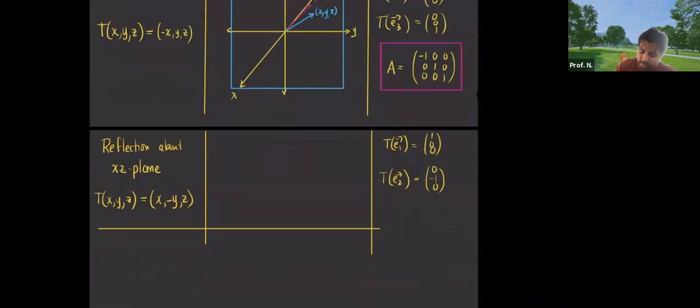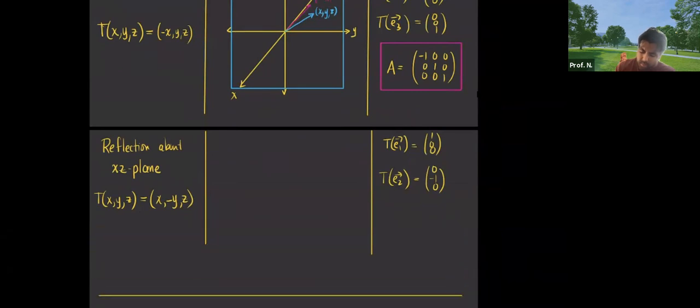I should probably move this down. And then lastly, T(E3) is 0, 0, 1. That's unchanged as well. And so the matrix here is 1, 0, 0, 0, -1, 0, and 0, 0, 1.